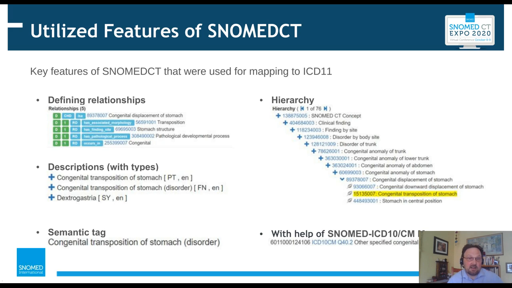So obvious things are the defining relationships, which provide explicit information like body parts and other things, and the hierarchy itself, so that we could leverage both things like the SNOMED to ICD-10 maps of parent or ancestor concepts of the concept we were considering, or leverage the algorithm's choices for SNOMED to ICD-11 maps generated prior to a concept being considered. So essentially we tried to leverage the generalization and specification mechanisms in SNOMED to bridge the differences of how that works in ICD-11.